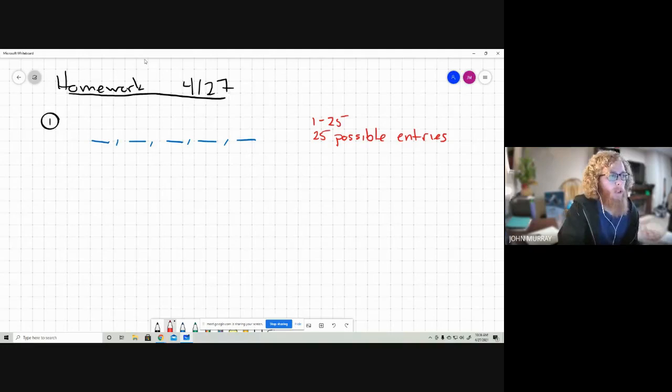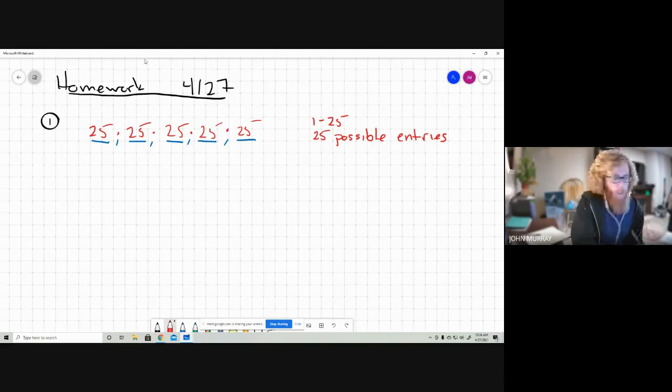For this first number in our combination, we have 25 entries. Now, I told you that we're allowed to use the same number twice. So if our first number was 12, then your second number is allowed to be 12. All of the numbers could be 12. So for the second option, we still have 25. For the third, we have 25. For the fourth, we have 25. And for the fifth, we have 25.